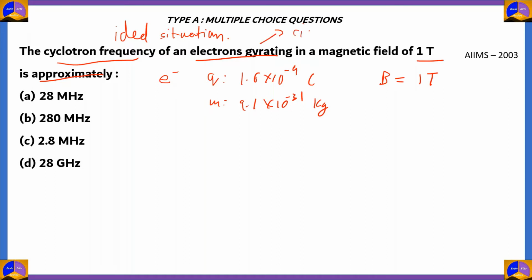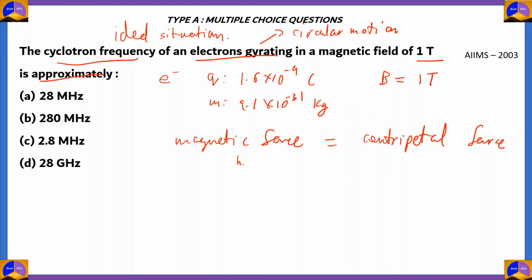Gyration refers to circular motion. So in effect, we have an electron moving in a circular path in a magnetic field. When a charged particle moves in a circular path in a magnetic field, its magnetic force will be equal to the centripetal force required for the circular motion.